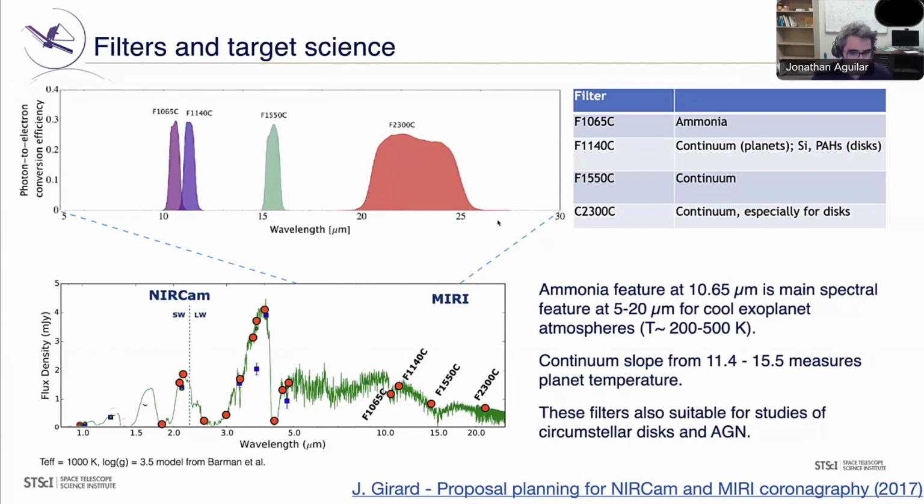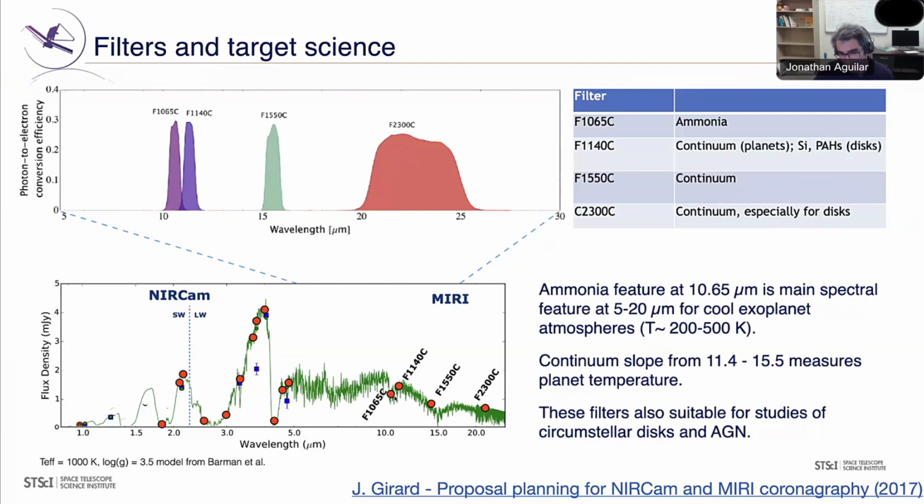So there's a model spectrum of a cool planet down here. We have NIRCam at short wavelengths, and then all the way at the right, the MIRI filters start to come in. There's the 10.6 micron filter that is designed to detect an ammonium absorption feature.